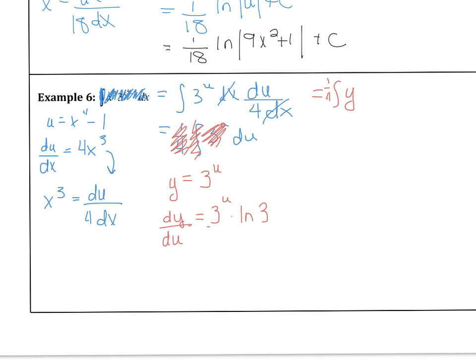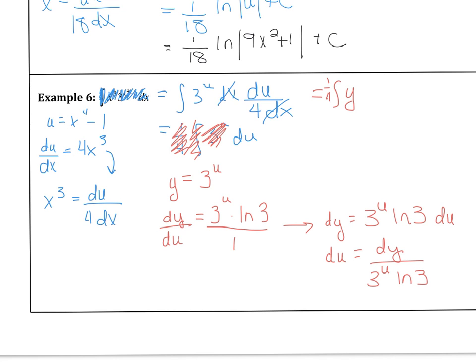Let's come down here and cross multiply. We'll get dy equals 3 to the u ln 3 du. Therefore, du is exactly equal to dy over 3 to the u ln 3. So let's write that in for du. du is dy over 3 to the u ln 3.